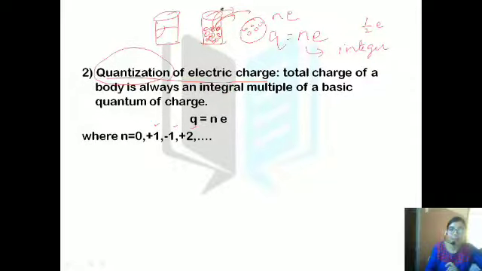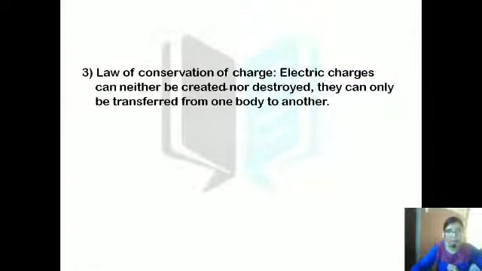We have to take it as a whole. So the total charge of the body is always an integral multiple of the basic quantum of charge, that is Q equals n e. Quantum means like a packet of charge. Clear? So this is the second property.